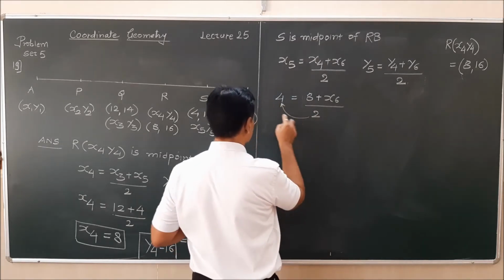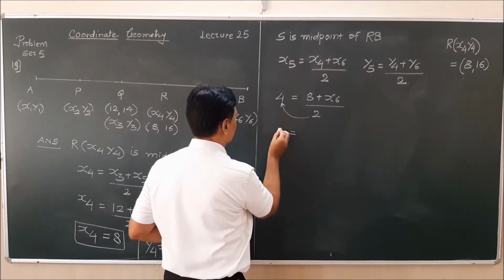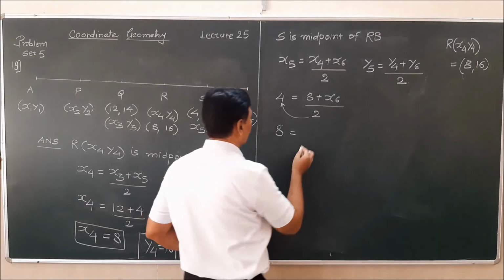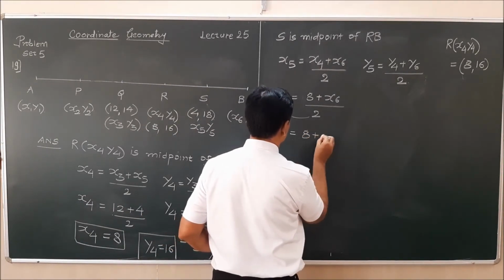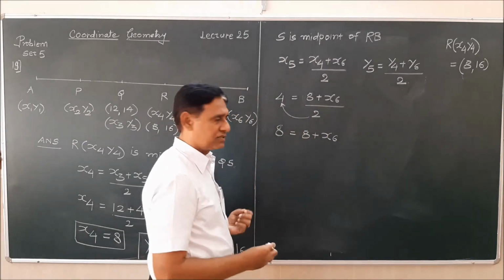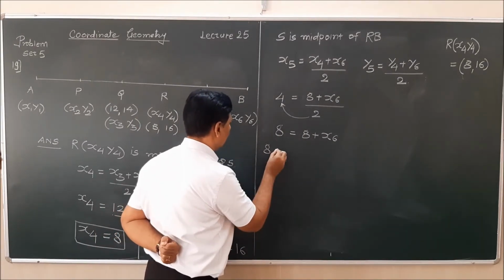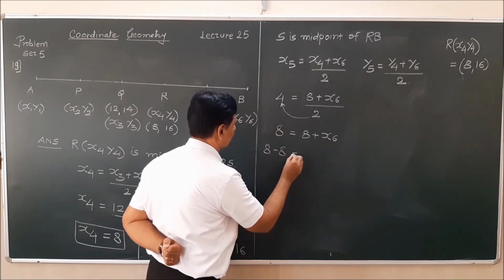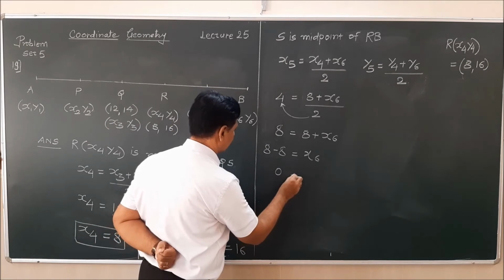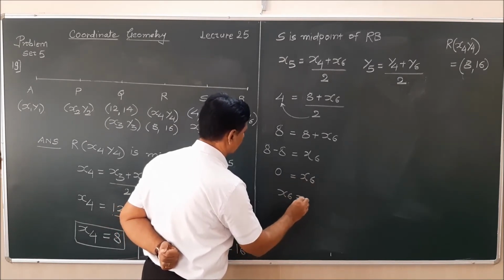If I transfer 2 to the left hand side, 4 twos are 8. 8 is equal to 8 plus x6, so 8 minus 8 is equal to x6. So x6 is equal to 0.